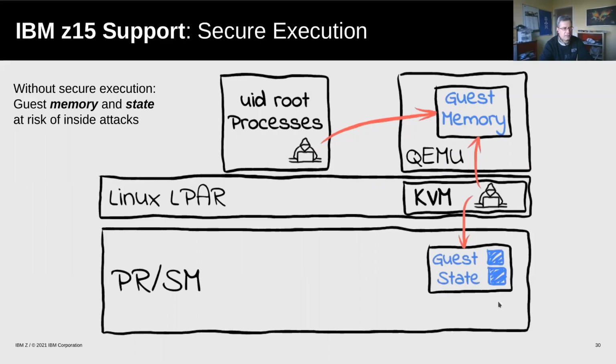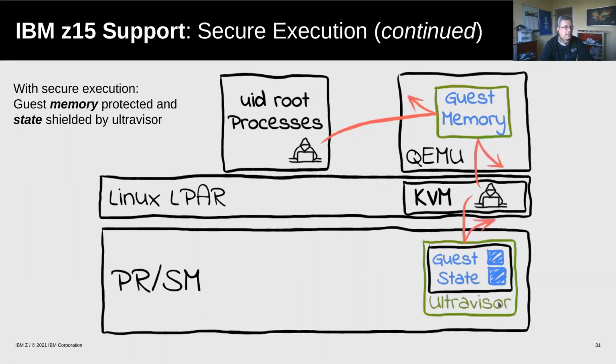And again, that would be another attack vector. And what secure execution does is it's basically protecting all of these, both the guest memory and the guest state, which is protected by something called an ultravisor. And any of these attack vectors would be depleted by that. That's the basic idea, really.